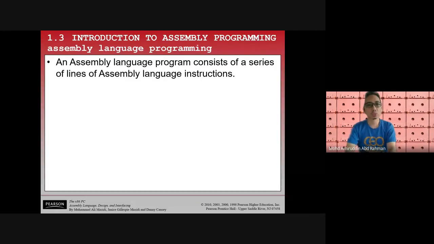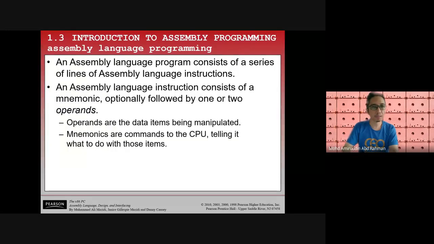The assembly language consists of a series of lines of assembly language instructions. An assembly language instruction consists of a mnemonic, optionally followed by one or two operands.